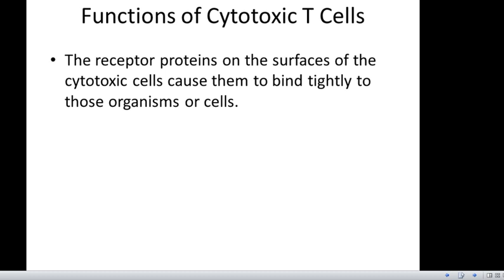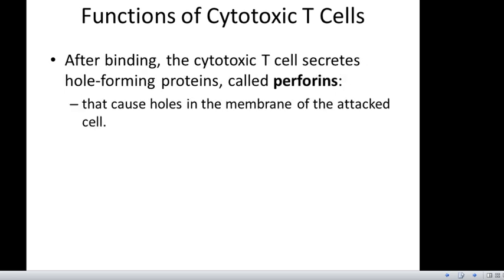The receptor proteins on the surfaces of the cytotoxic cells cause them to bind tightly to those organisms or cells. After binding, the cytotoxic T cell secretes hole-forming proteins called perforins, which can cause holes in the membrane of the attack cell.